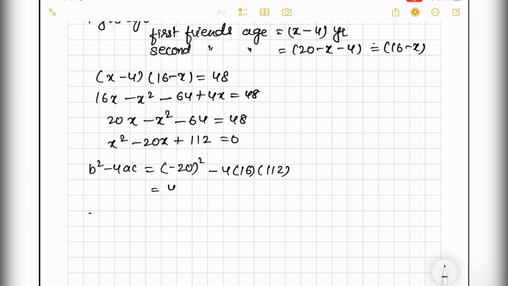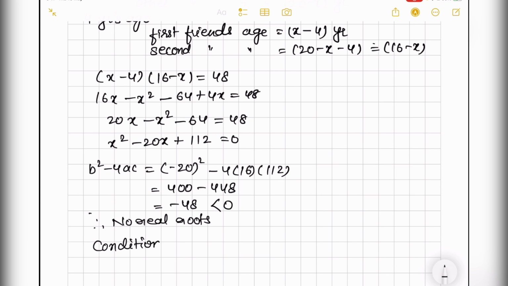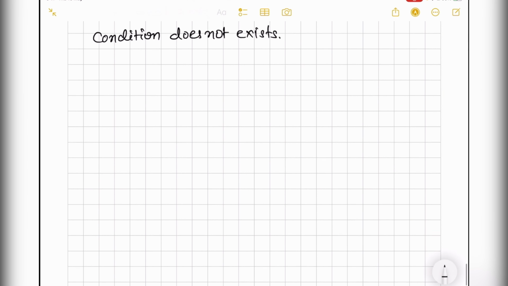So that is 400 minus 448, which is minus 48, which is less than 0. Therefore no real roots. So I can say condition does not exist. Because it can't be negative, so it is not possible.